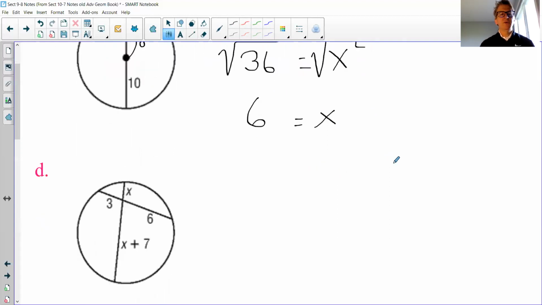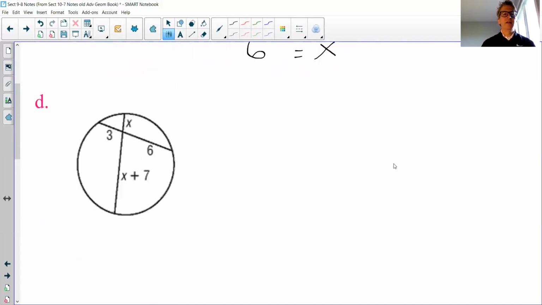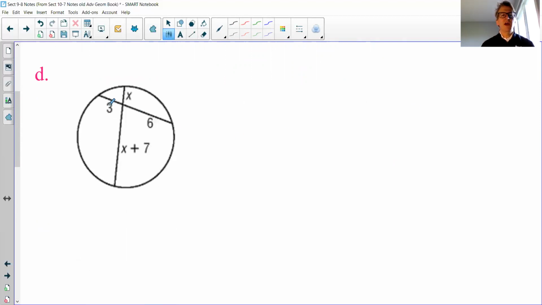Not too tough. Let's move on. Letter D. You have 3, 6, x plus 7, and x. So let's take 3 times 6 first. That will equal x times x plus 7.